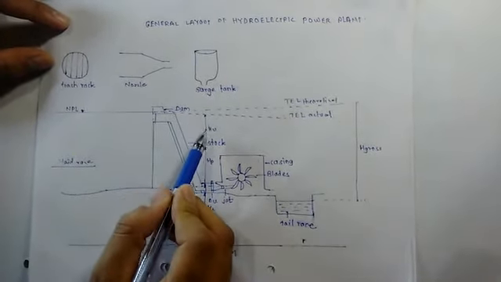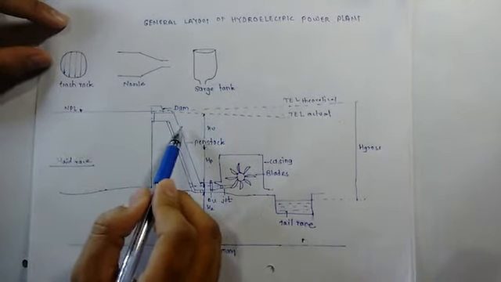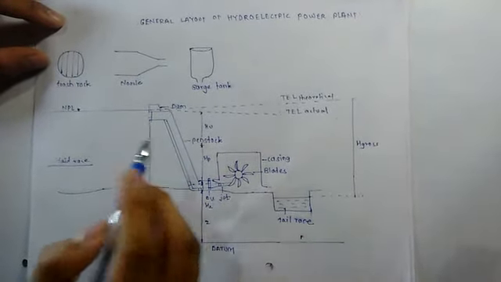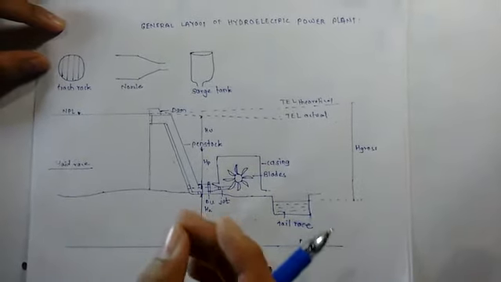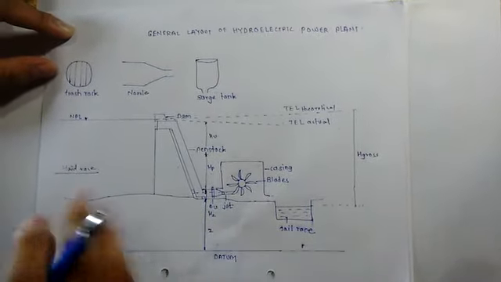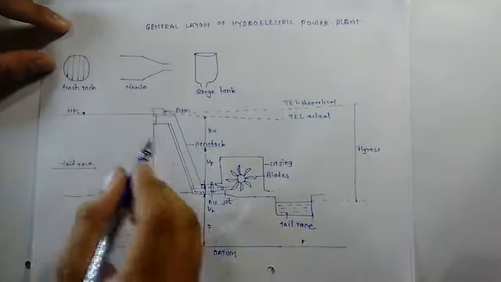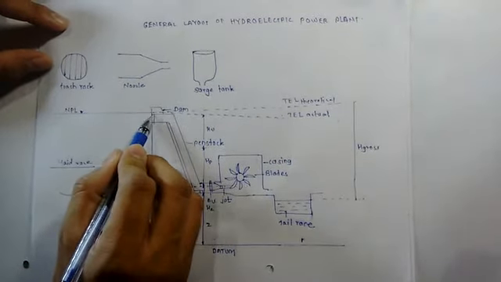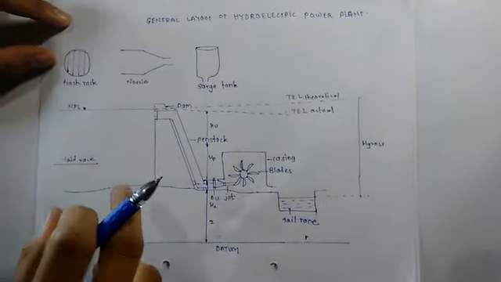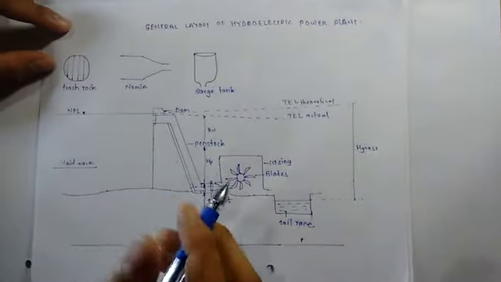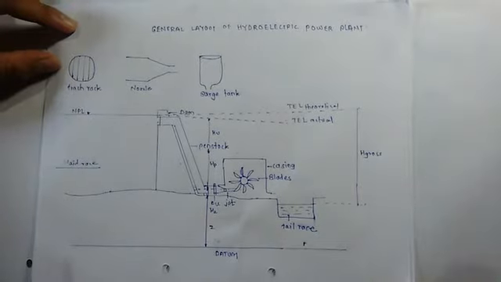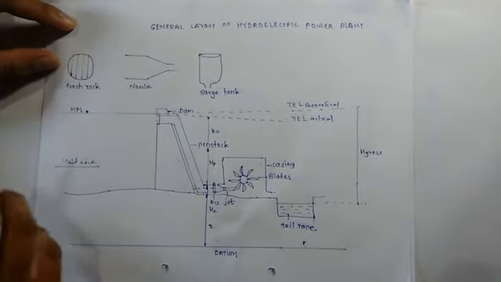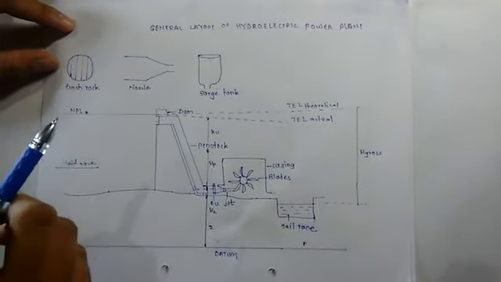The external atmosphere applies high pressure on the penstock and a direct collapse or complete failure of the penstock may take place, which is a very dangerous thing. So when we close this valve, we have to close it gradually, and to avoid the creation of vacuum over here, we should supply some air through the component known as the air inlet.